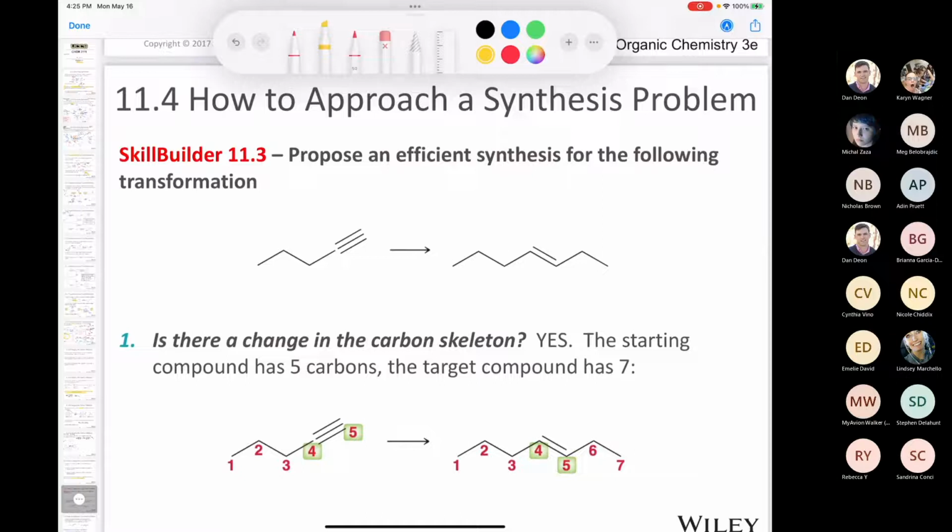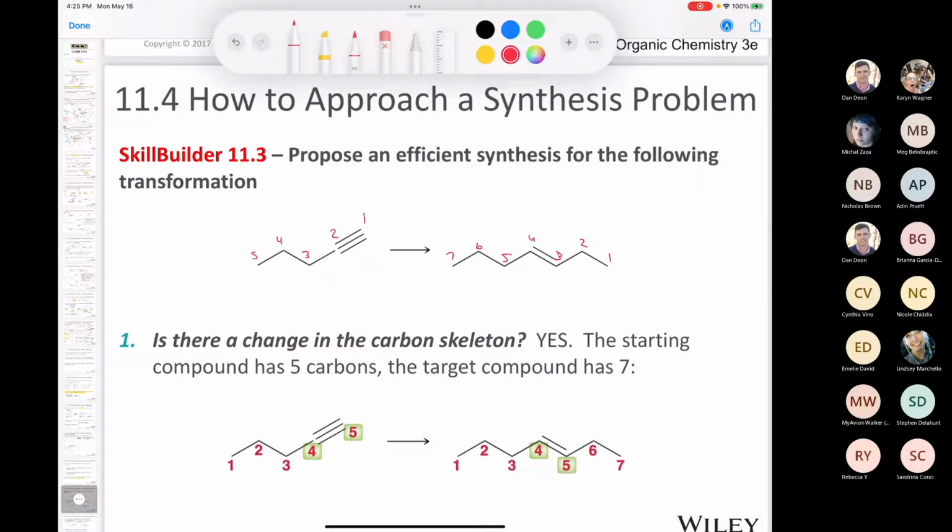It says propose an efficient synthesis for the following transformation. First thing I'm going to do is count 1, 2, 3, 4, 5 carbons, whereas here I have a total of 1, 2, 3, 4, 5, 6, 7 carbons.